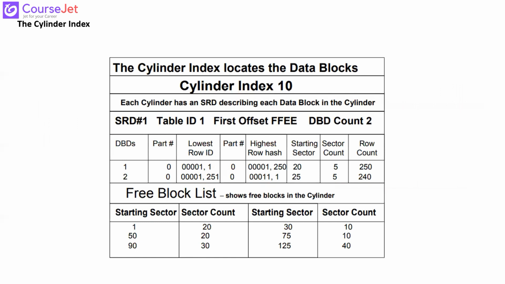If you see this example, it contains the lowest row ID and the highest row ID again, and then it has the sector details. The starting sector is 20. So it has those kinds of sector details and block details.